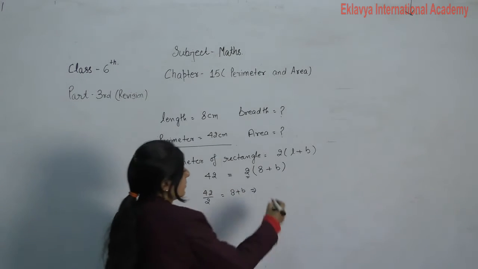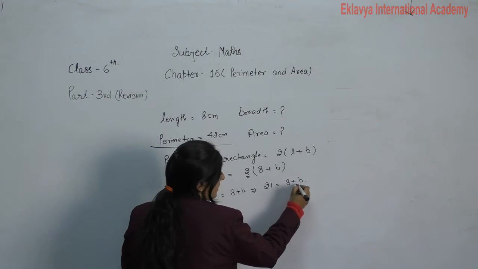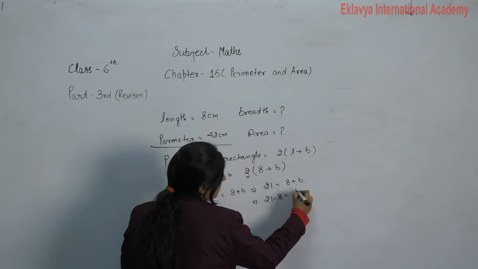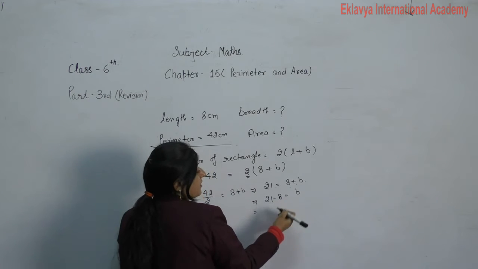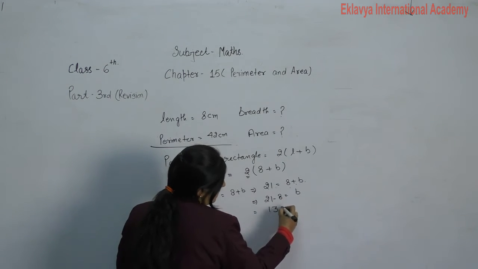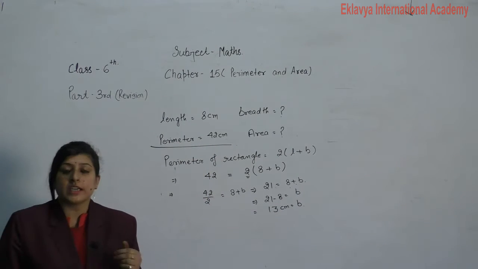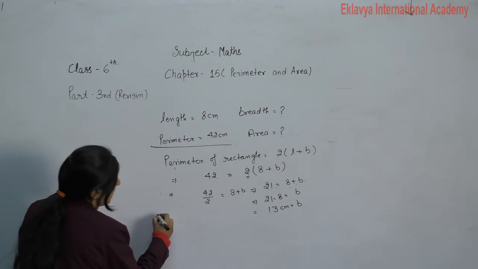42 upon 2, 21. Now it is in addition. When you transpose it, it will come with a minus sign. 21 minus 8, 13. So we can say the breadth of this rectangle is equal to 13 centimeter. Now easily we can find the area.